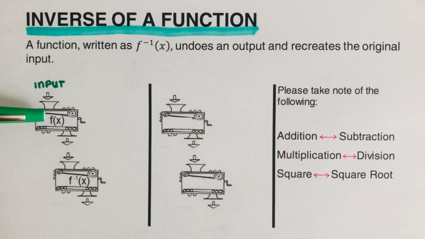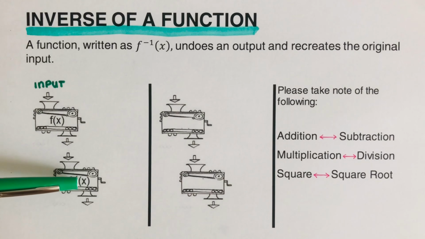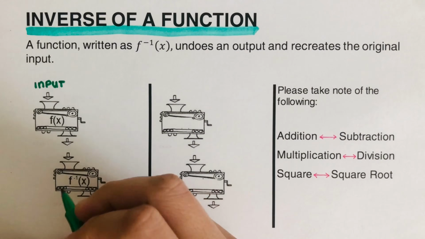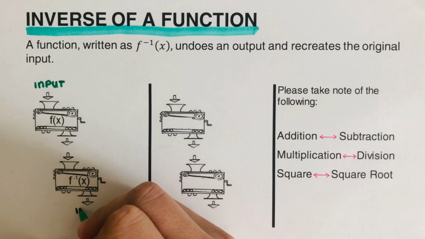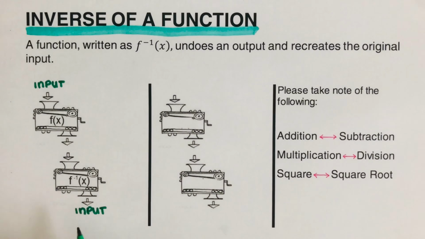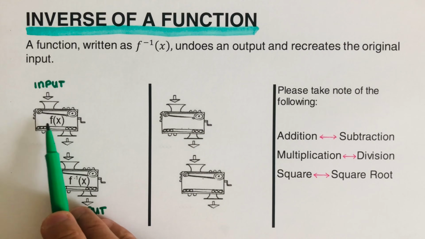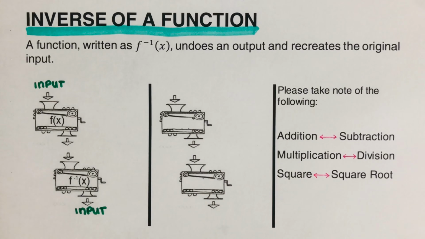This machine gives off another number after it processes the input. Whatever number comes out of the first machine goes into the second machine, and whenever the output comes out the same as the input value, for example if I put in 5 and 5 comes out over here, this is our inverse, because it undoes the first function.